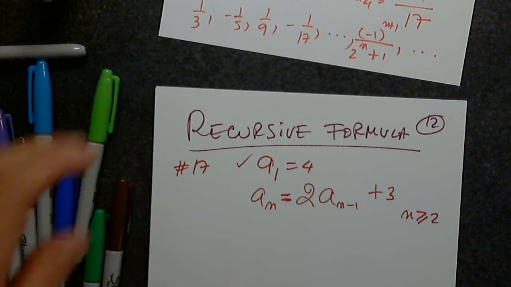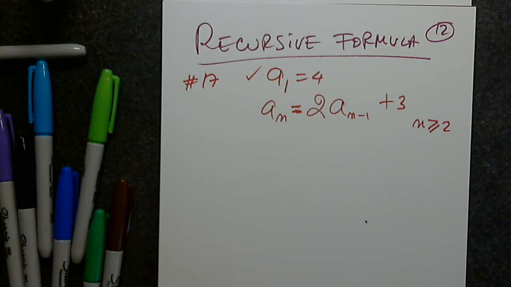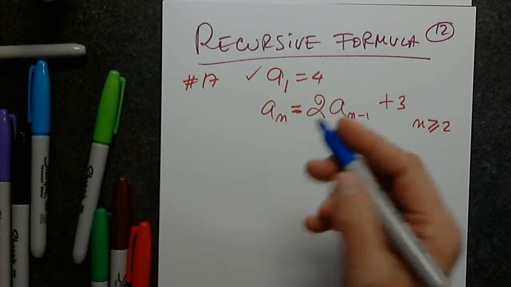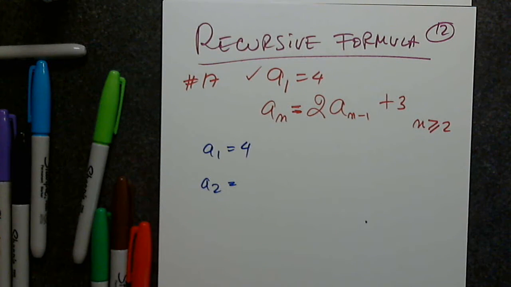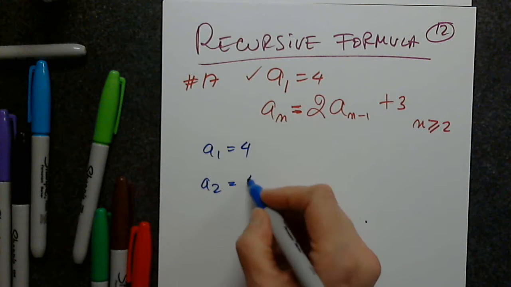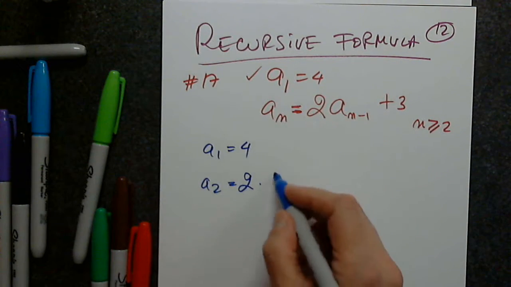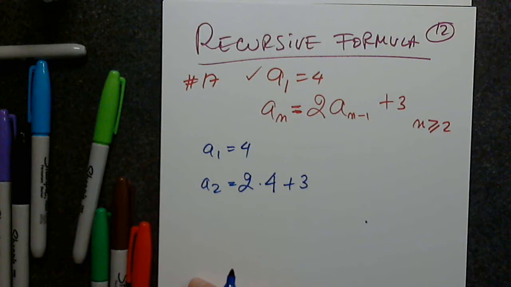So luckily, we're only asked to define the first 4 terms. I already have A1. Can anyone, without calculating anything, just for everyone to see, tell us how to calculate A2? So it's 2 multiplied by A1, very good, and plus 3. 8 plus 3 is 11.